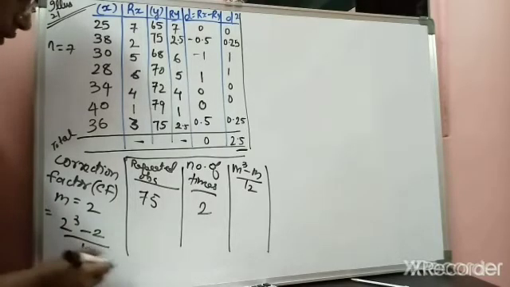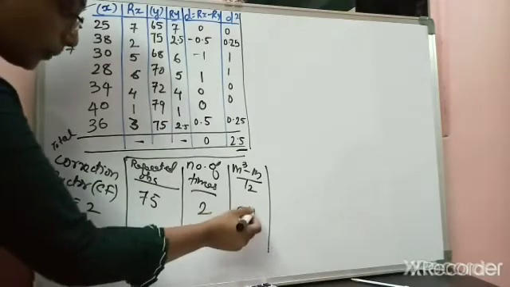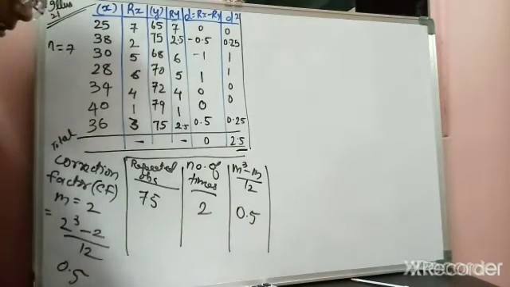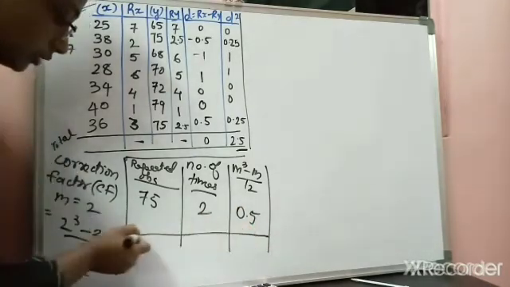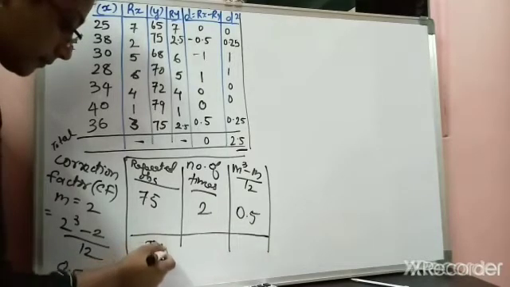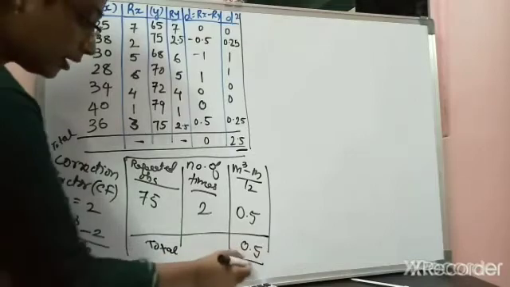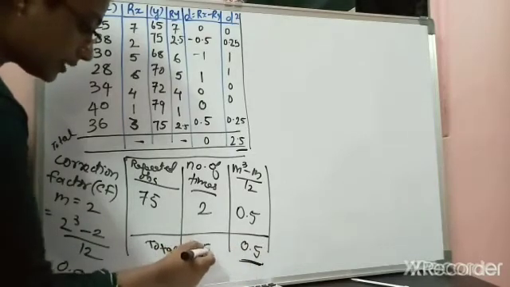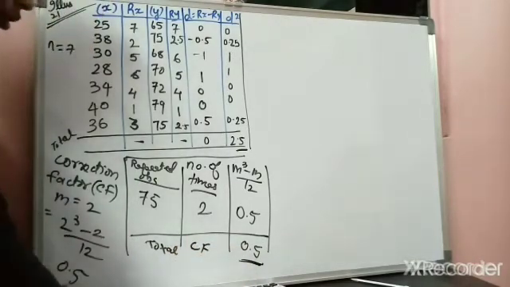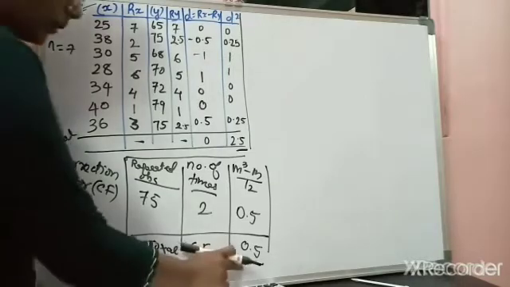So you have to write over here 0.5. Understood? So the total of CF is 0.5. Correction factor is equal to 0.5.